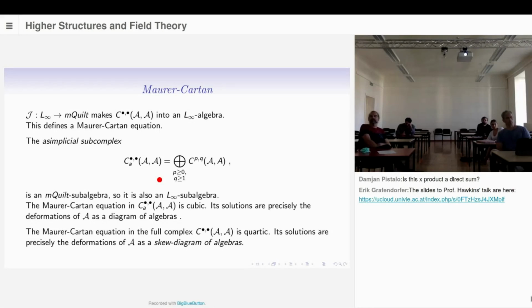The solutions of that are precisely deformations of A to a skew diagram of algebras, which is something I defined a few years ago. So what's the difference between that and a simple diagram of algebras? The difference is that you get something at degree 2, 0.